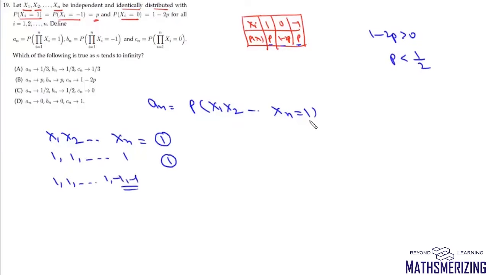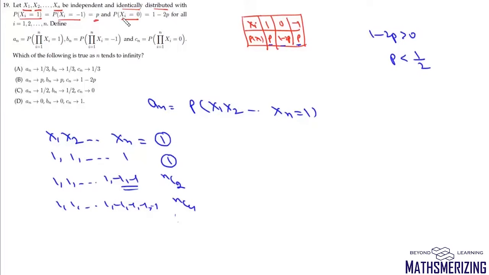Then again their product will be 1. So from these n, we need to select 2 which will have the value minus 1. So it will be simply NC2. Next one will be all ones except 4 minus 1s. Here it will be simply NC4. It will continue till we have the maximum number of minus 1s possible.